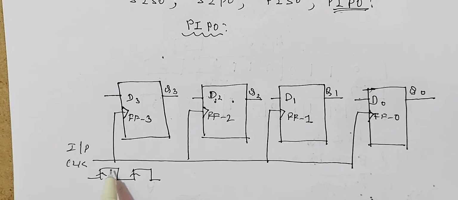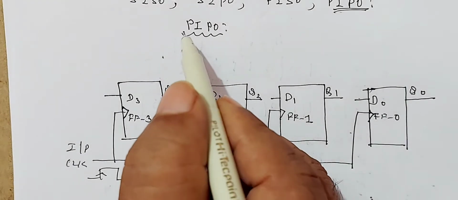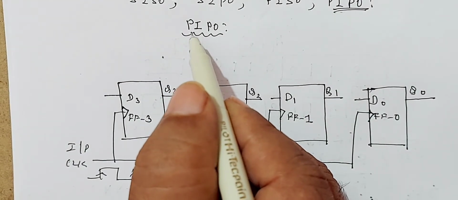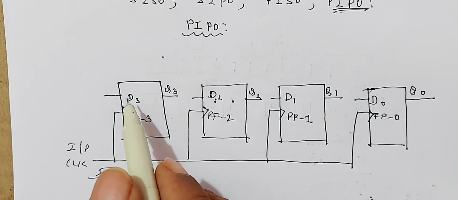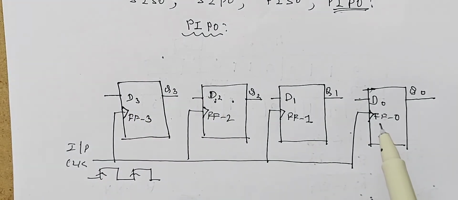When the first clock pulse enters, since all are connected to a single clock pulse, the same clock pulse enters all the flip-flops simultaneously. Here, parallel in, you have to apply input in a parallel manner. Therefore, you have to apply input to all the flip-flops at a time.